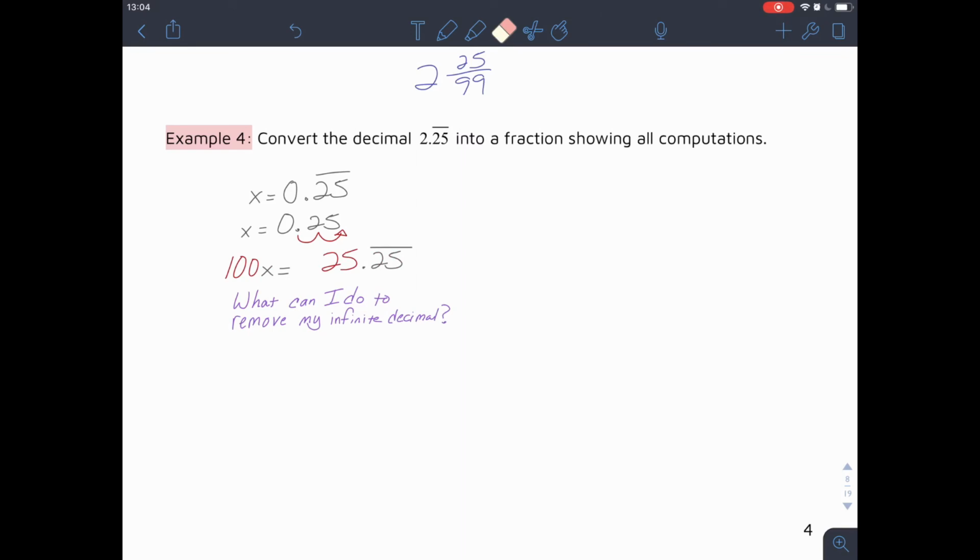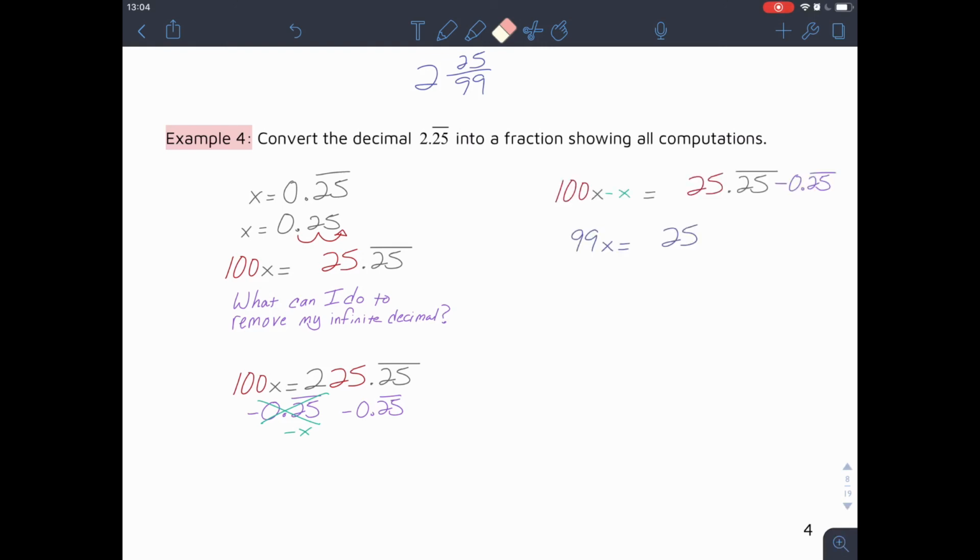But now, how can I remove my infinite decimal? I mean, I just need to subtract it away. But to keep my equation balanced, I have to do it on both sides. And since I can't take 25 repeating away from a term with x in it, instead, I'm just going to put minus x because x is equal to 0.25 repeating. So when I subtract that away, I'm just left with 99x equals 25.